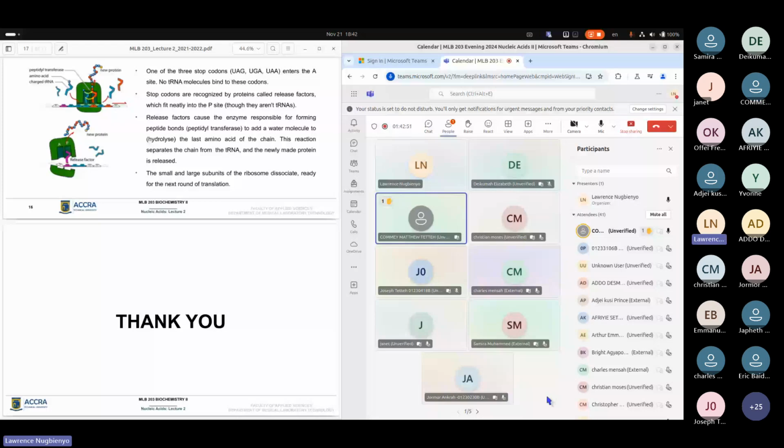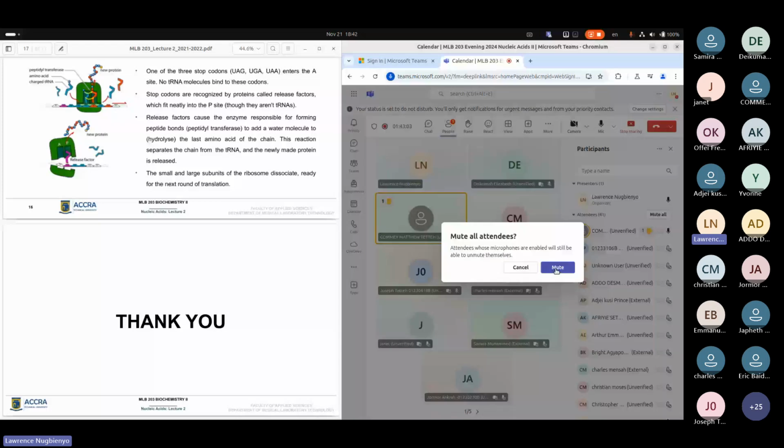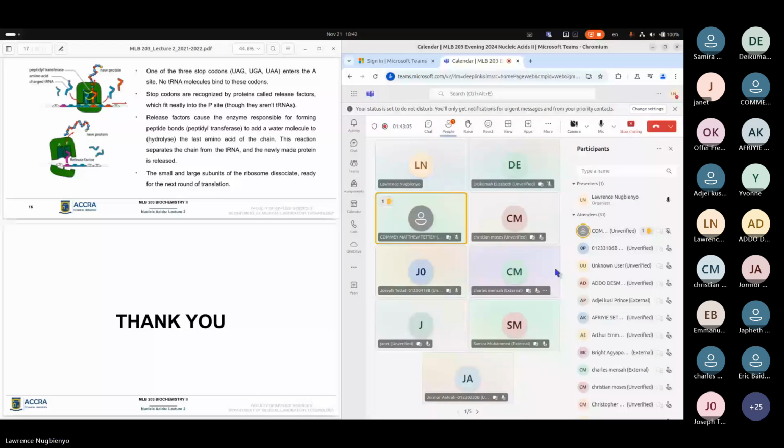Okay, so the question of why, I cannot answer. We only know that they don't code for any amino acid, and because of that, they are responsible for the termination of the process of synthesis of amino acids. Why, I can't tell.